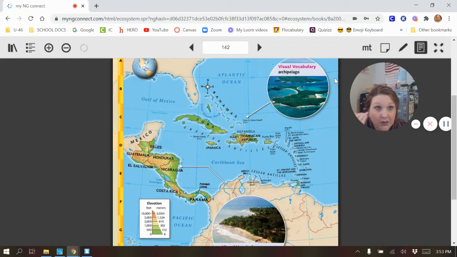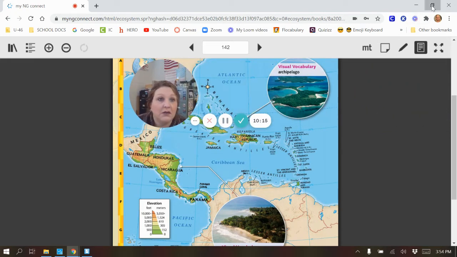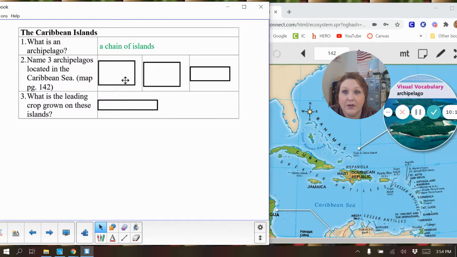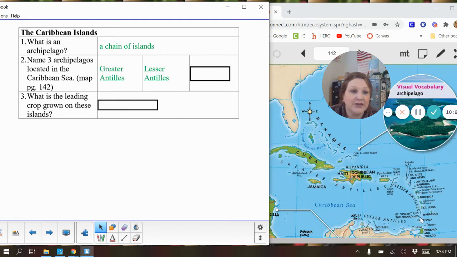And so we're gonna go back here. There we go. So we have the Greater Antilles, we have the Lesser Antilles, and then we have Bahamas.